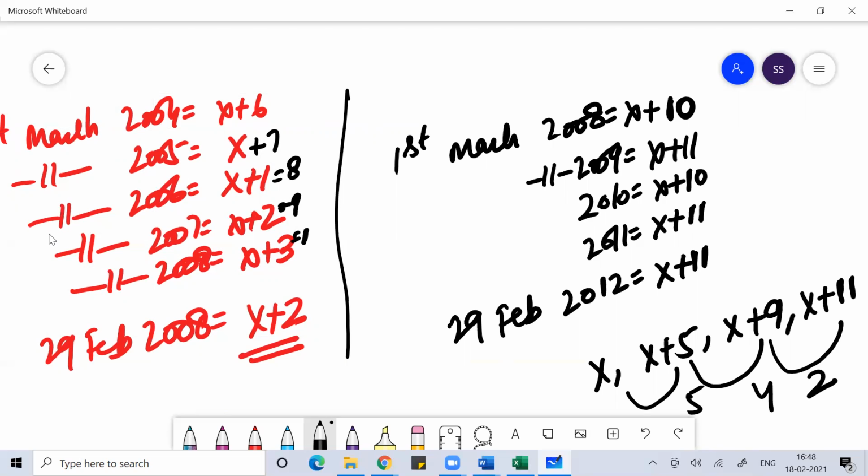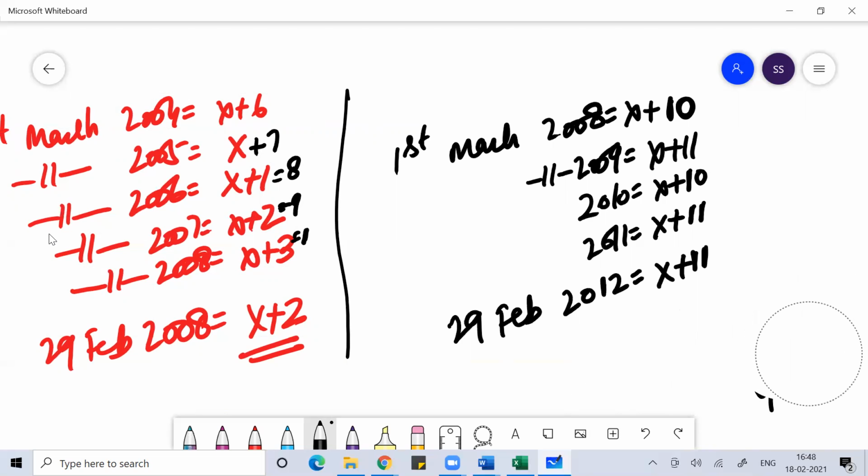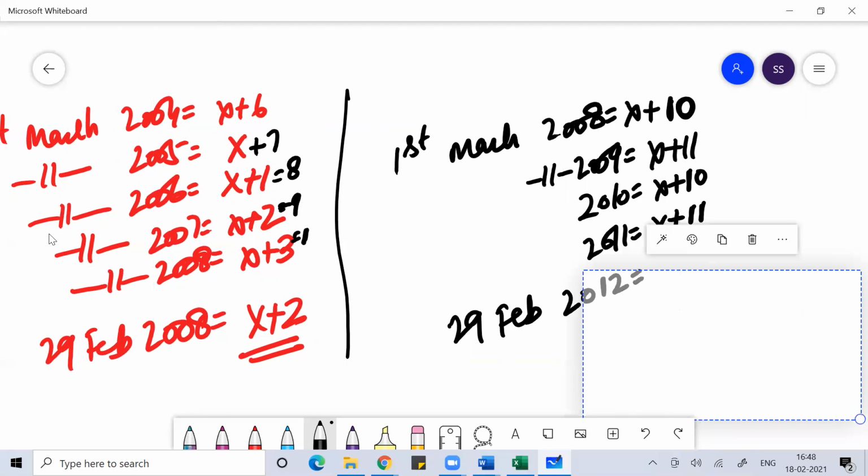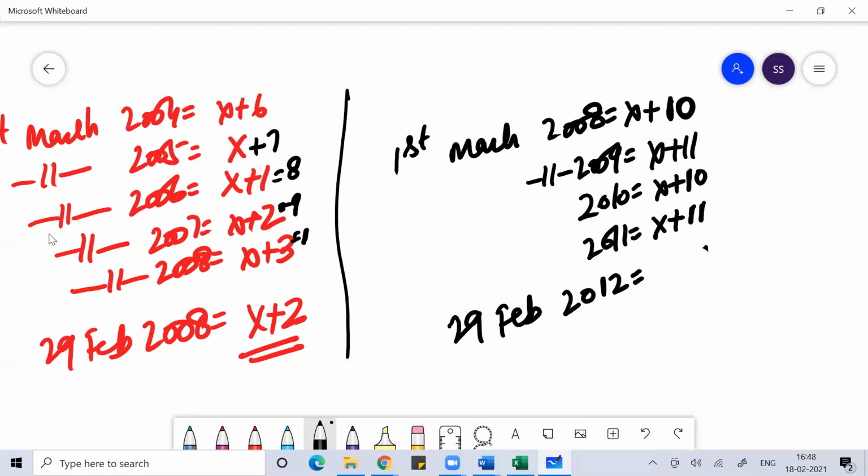Okay, sorry, mistake. One minute. So this is x plus 10, then it should be x plus 12, then x plus 13. 10, 11, 12, 13.